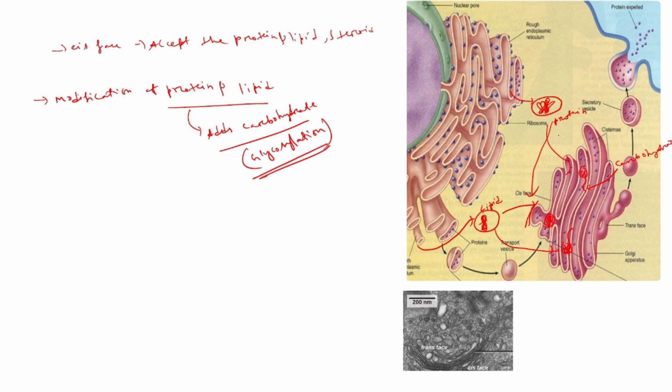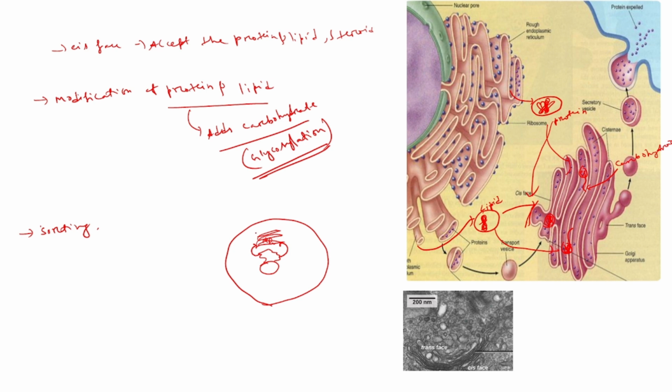The second, and the most important, is protein sorting, or cell sorting. Sorting means, let's suppose this is a cell, this is the nucleus, this is the ER, and this is the Golgi. In the ER the protein, and in the smooth endoplasmic reticulum the lipid, are transported into the Golgi, and after that glycosylation occurs.